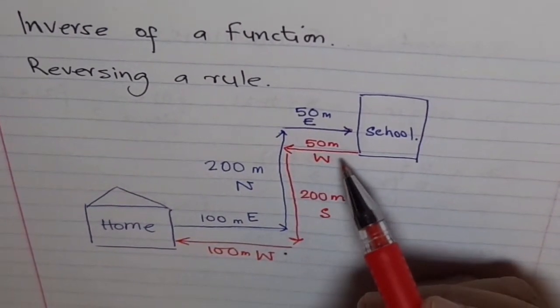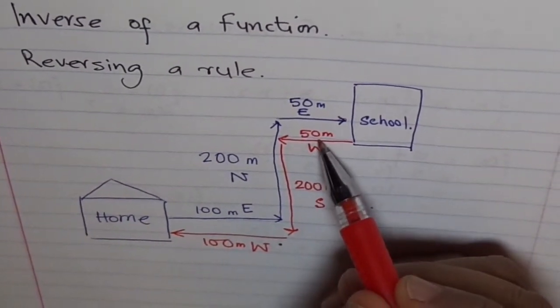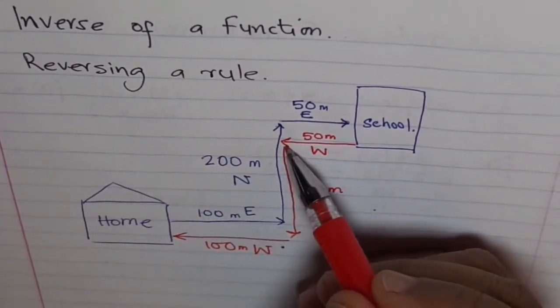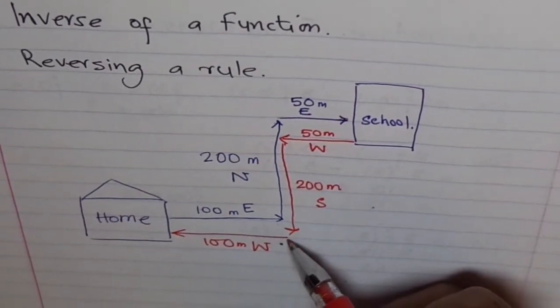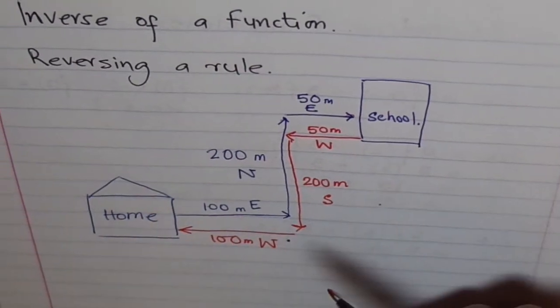The reverse operation was from the school move 50 meters west, 200 meters south, and 100 meters west to reach home.